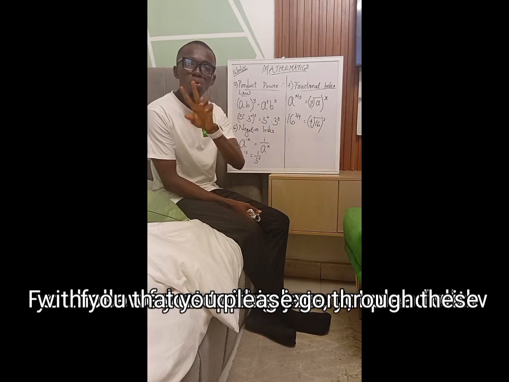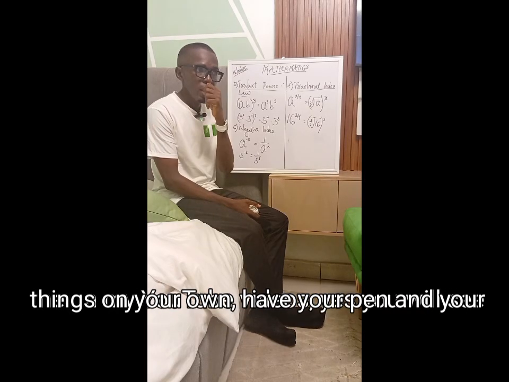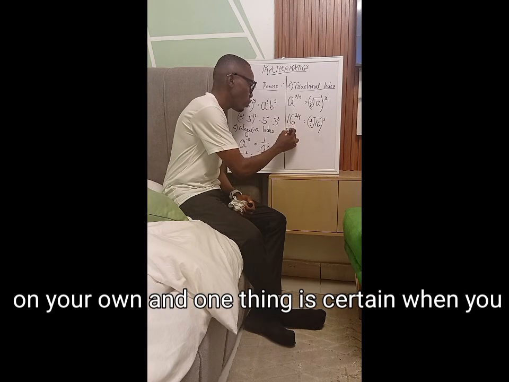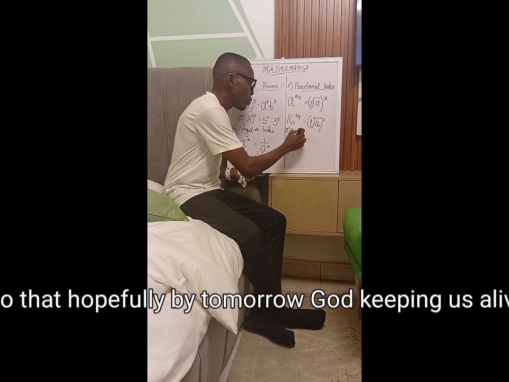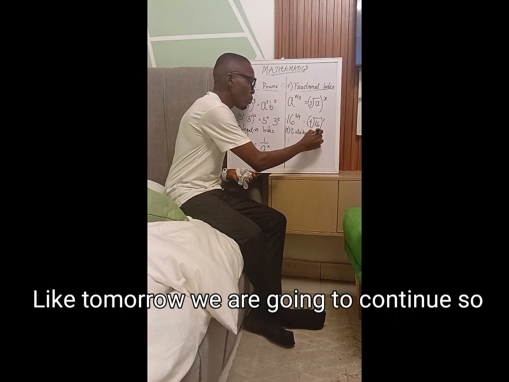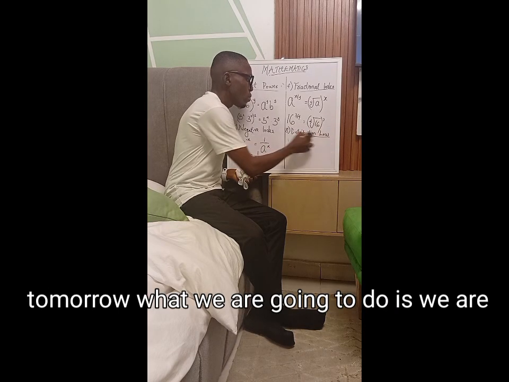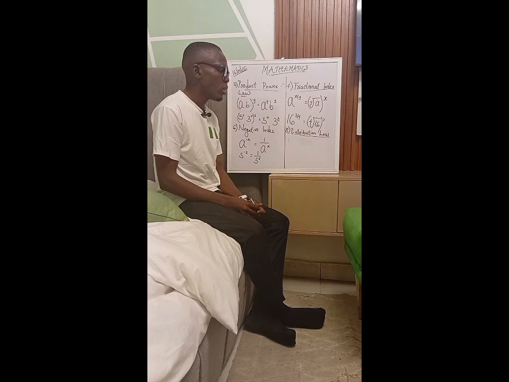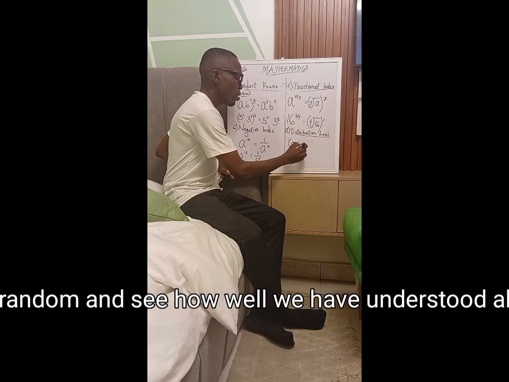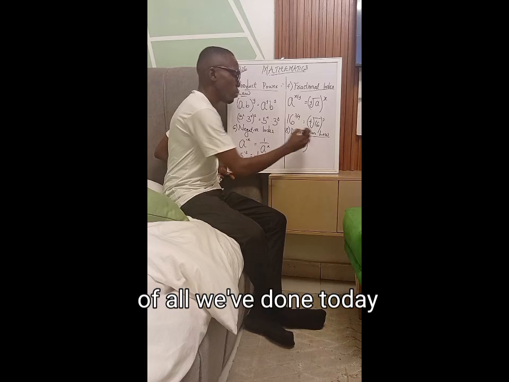We are going to look at two more laws to be able to complete this. One of them is called the distribution law. So in the distribution law, this is how it works. I have A multiplied by B, all to the power of n.